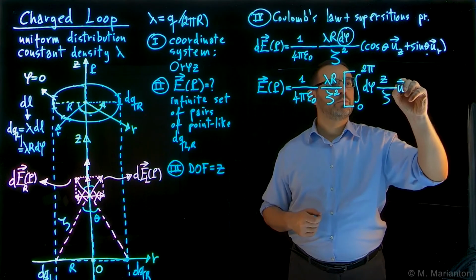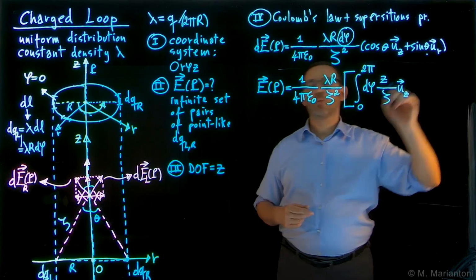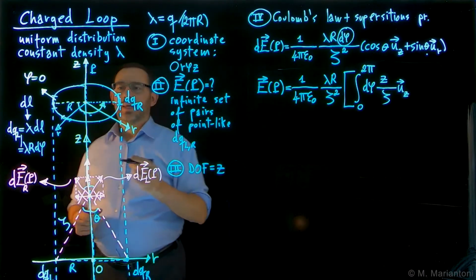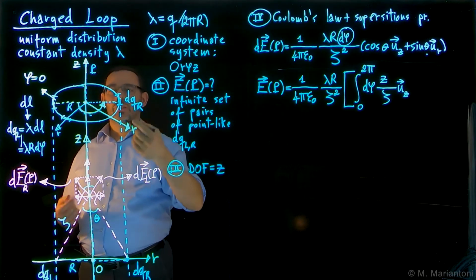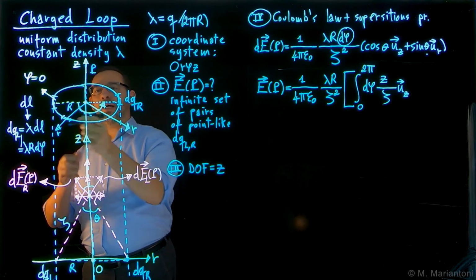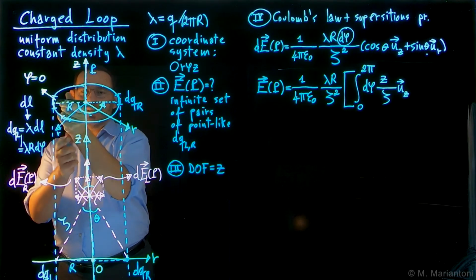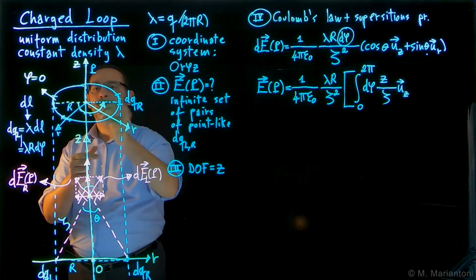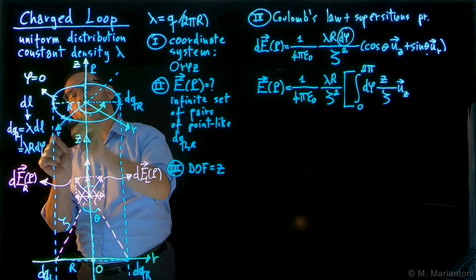Times uz. Now, in order to write down the sine of theta ur component, we can either integrate from 0 to 2 pi or integrate from 0 to pi 2 times. So the first time we just consider this r here. So this r, we say that it goes from 0 to pi. Okay. So here is the negative side of r. So this is the origin. Here we are positive, here we are negative.